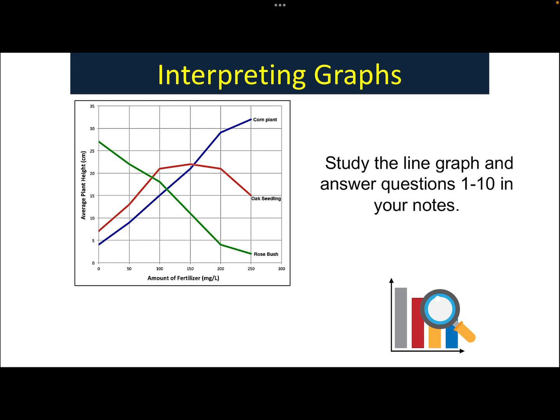So, we're going to begin by practicing a little bit with interpreting a graph. In your notes, you will also see this image of a graph. Look at the graph and answer the questions in your notes, numbers 1 to 10, using the graph that you see on this slide.